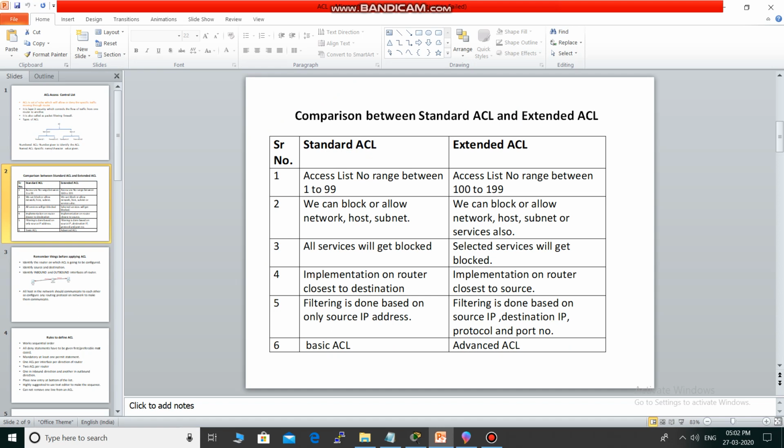Now in the fifth comparison, in standard ACL, filtering is done based only on source IP address, and in extended ACL, filtering is done based on source IP, destination IP, protocol and port number. So standard ACL is the basic ACL and extended ACL is an advanced ACL.